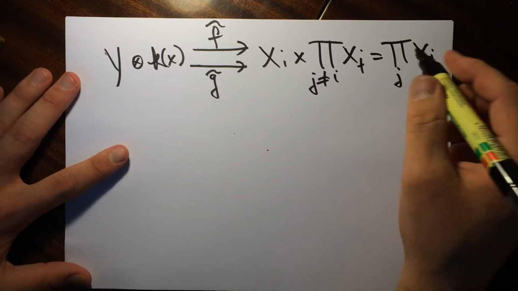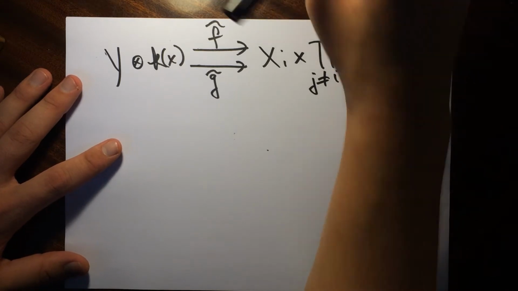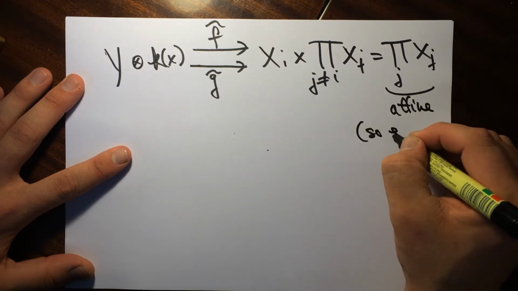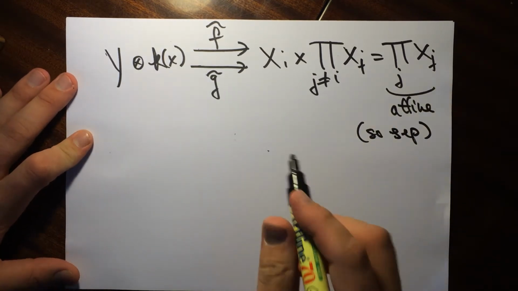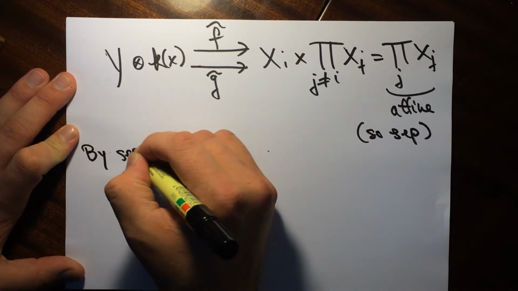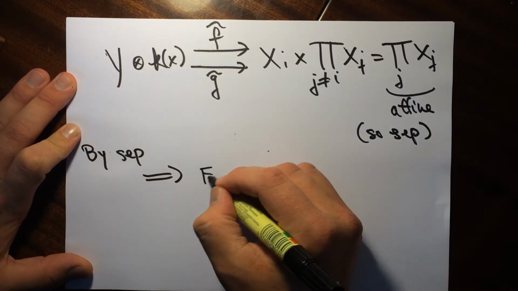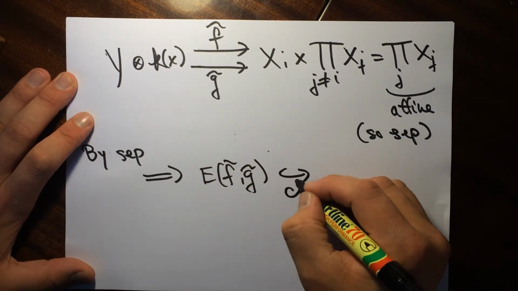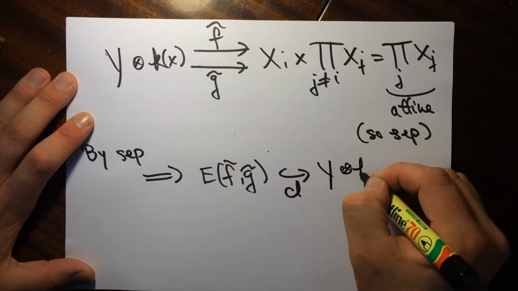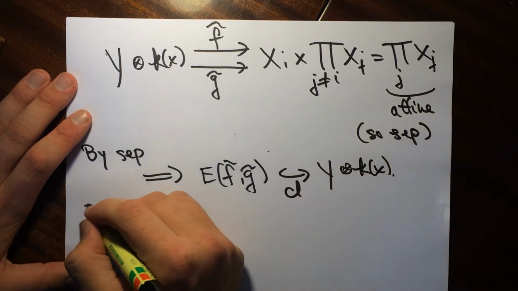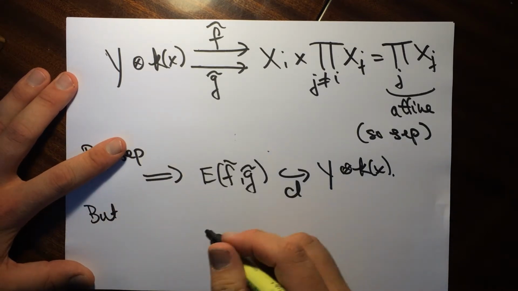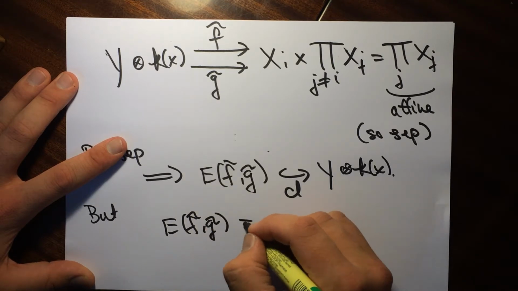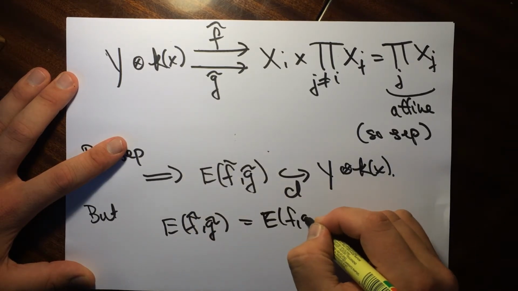Okay, and then this is as before. So this thing is affine and separated. So by separation, this implies that this equalizer here has a closed immersion into here. But we also have that the equalizer is equal to this equalizer, base changed.